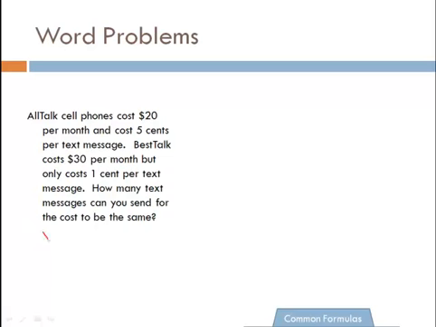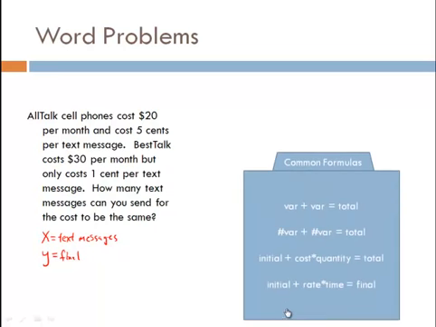Let's say that x is the number of text messages that we will use in a given month, and y would be the final cost, the other thing that we don't know. And so if we look at some of our common formulas here, the initial cost plus the cost times how many we use equals a total.